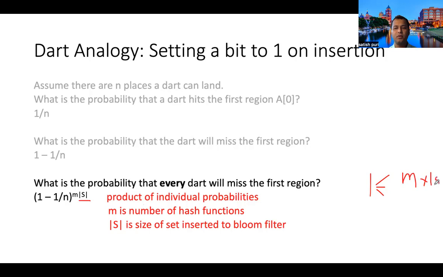In total, s elements need to be inserted, and each element requires m hash functions to be evaluated, which gives you a position on the dartboard. We multiply the individual probabilities of all those darts together, as we saw in the product rule. So the product of individual probabilities, where m is the number of hash functions and s is the size of the set inserted into the Bloom filter, is the probability that every dart will miss the first region.